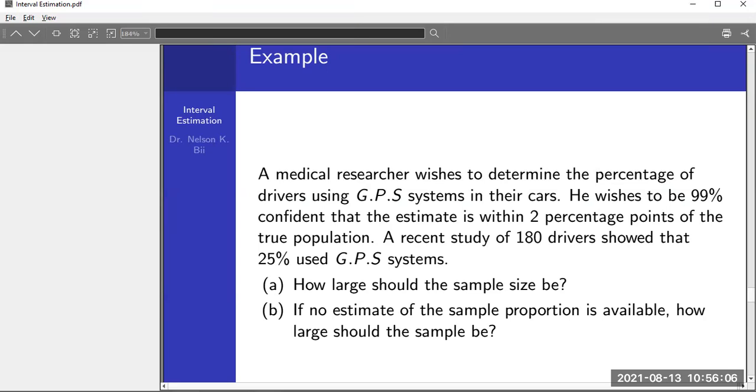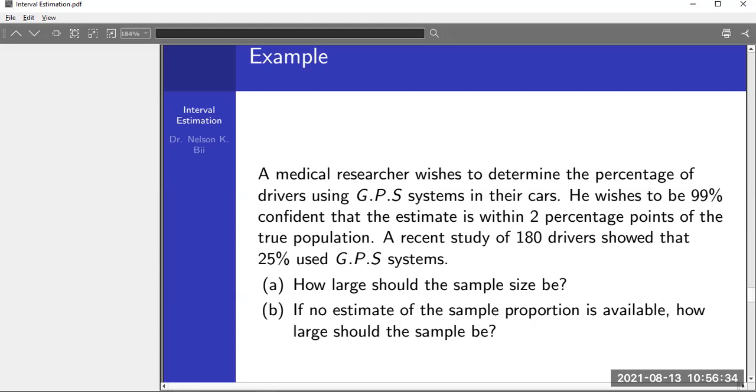He wishes to be 99% confident that the estimate is within 2 percentage points of the true population. A recent study of 180 drivers showed that 25% of them use GPS systems. A, how large should the sample size be? And B, if no estimate of the sample proportion is available, how large should the sample be?